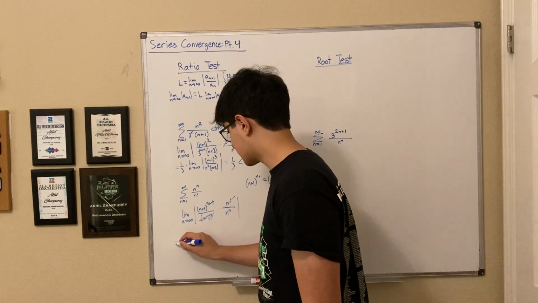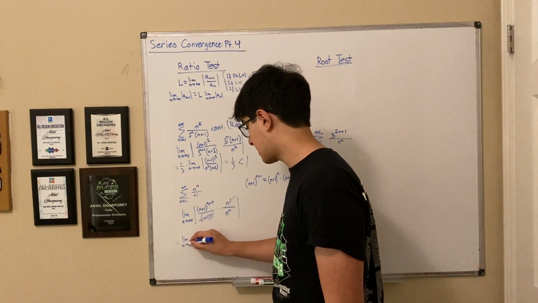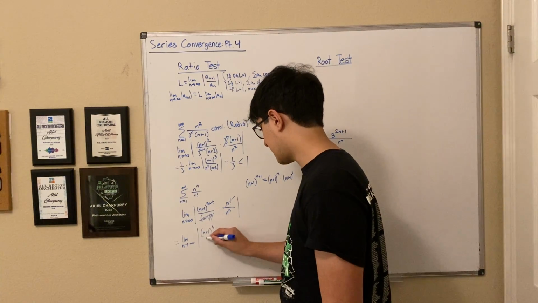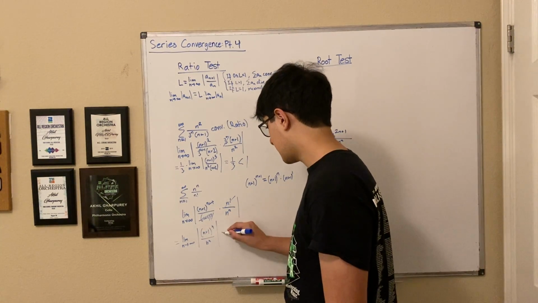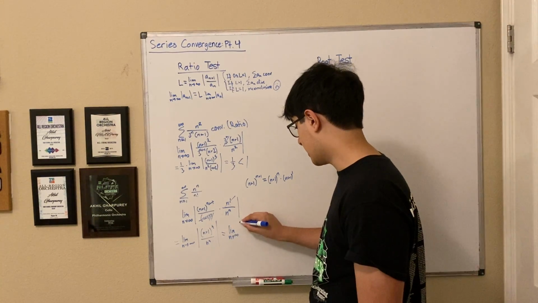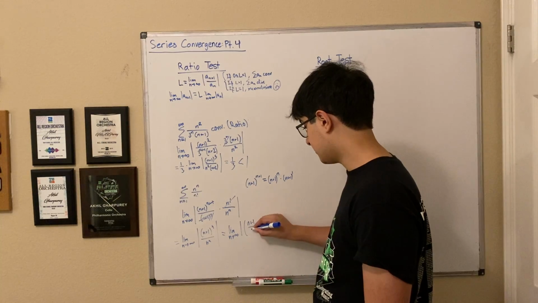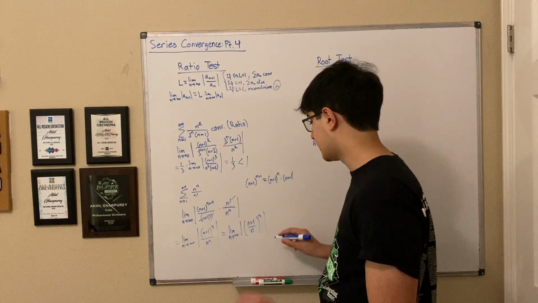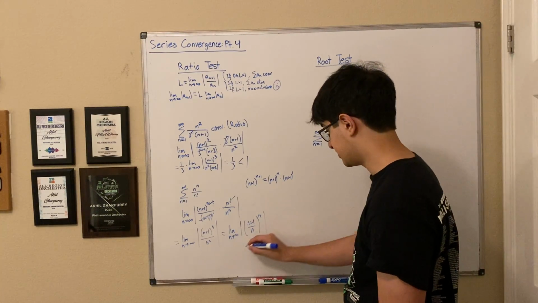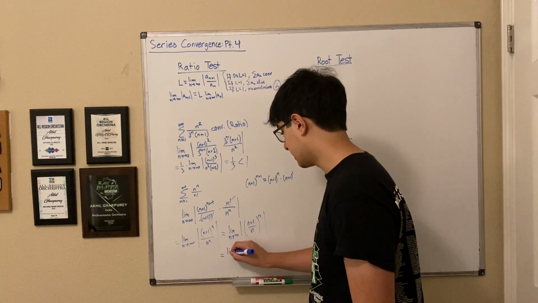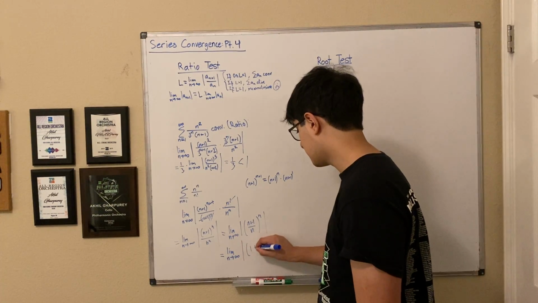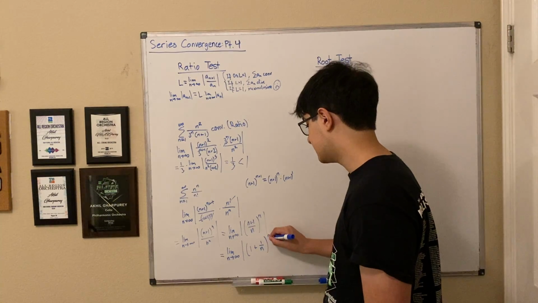As a result, we'll be left with the limit as n goes to infinity of the absolute value of (n plus 1) to the n over n to the n. We can combine these exponents into one, giving us (n plus 1 over n) to the n. And we can do one last manipulation here and split up this fraction, giving us the limit as n goes to infinity of the absolute value of (1 plus 1 over n) to the n.